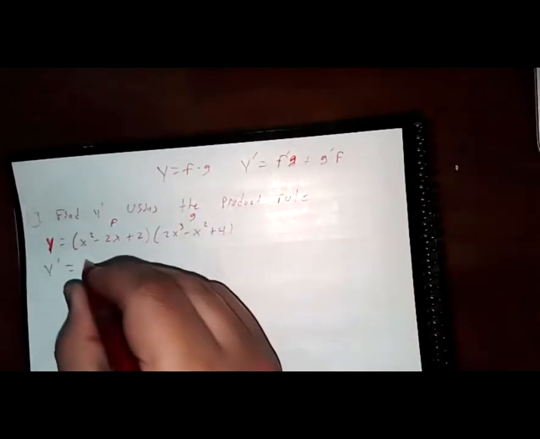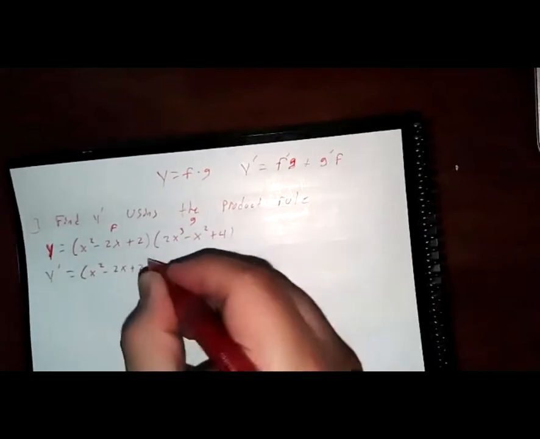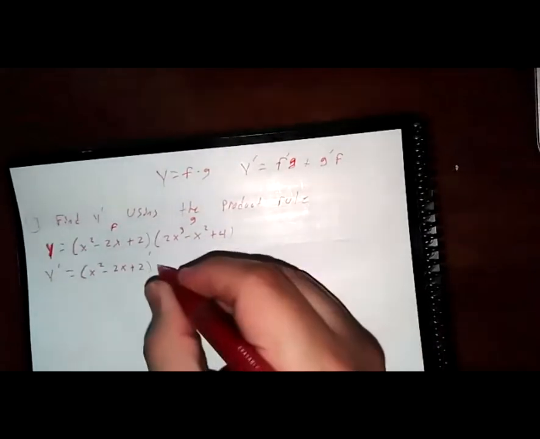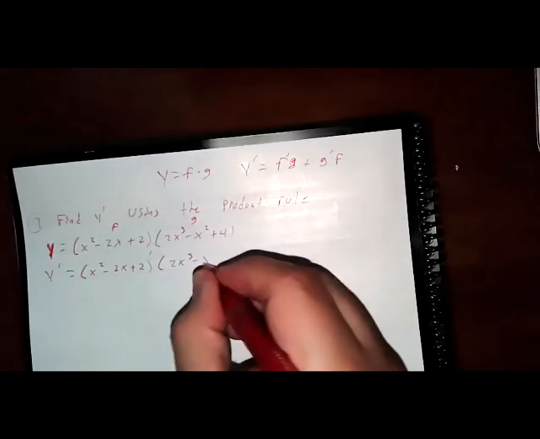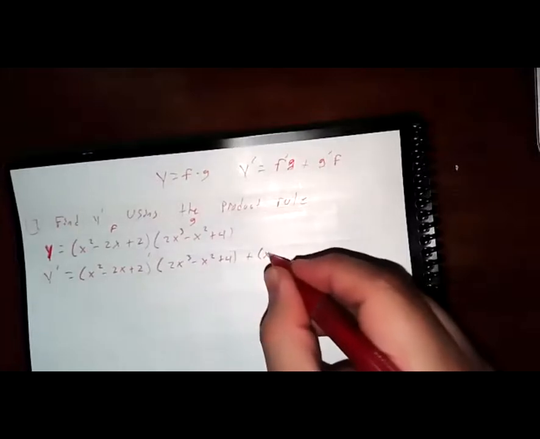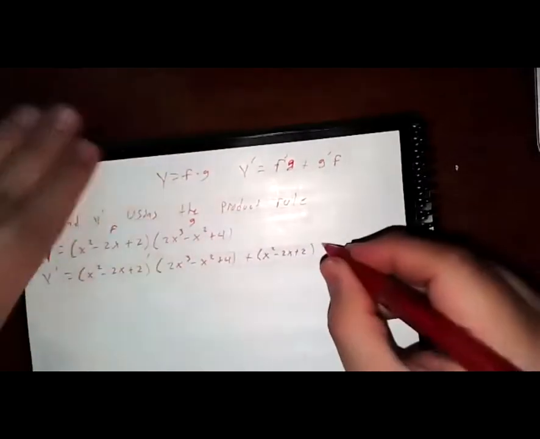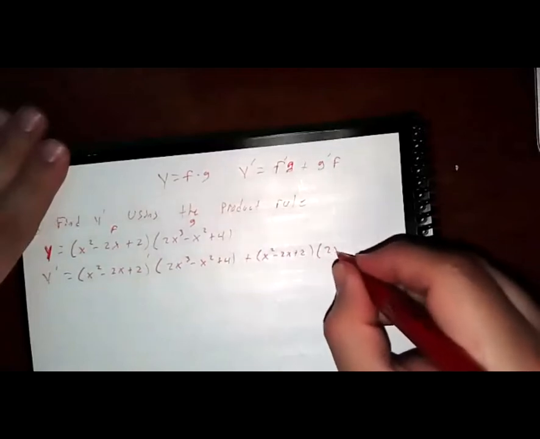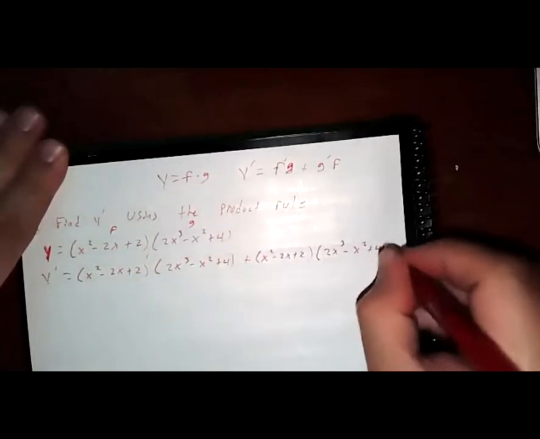Y prime will be the derivative of this guy. I'm gonna show the steps, but not actually do it just yet. This derivative times the second part, plus the first part times the derivative of the second part.